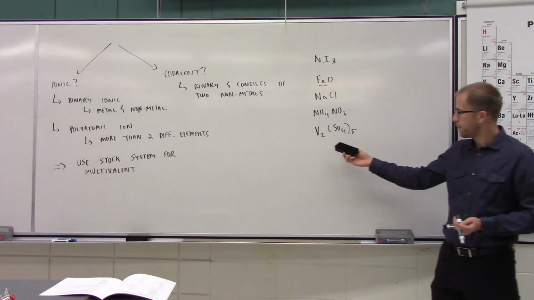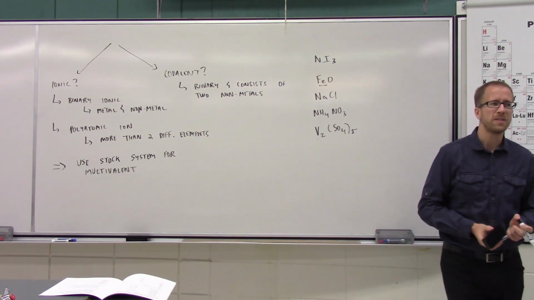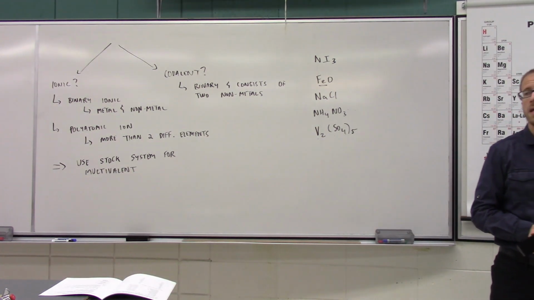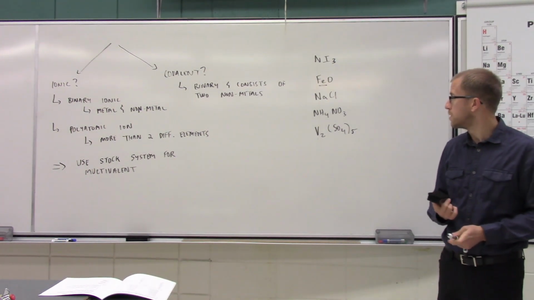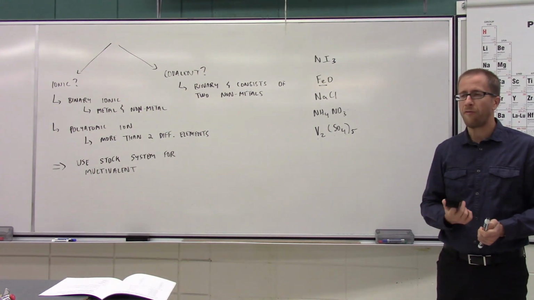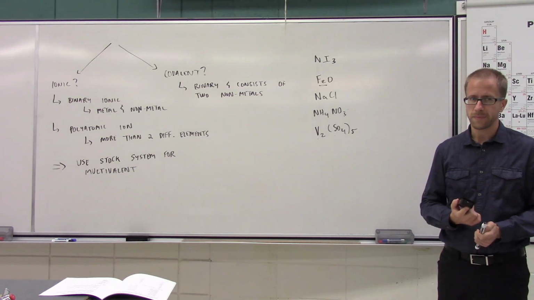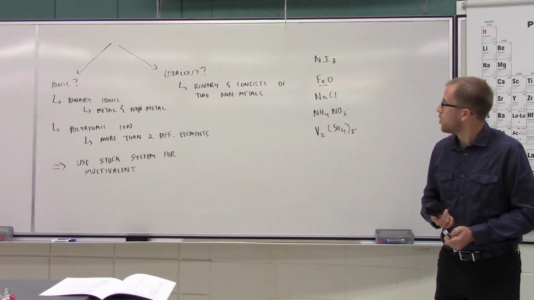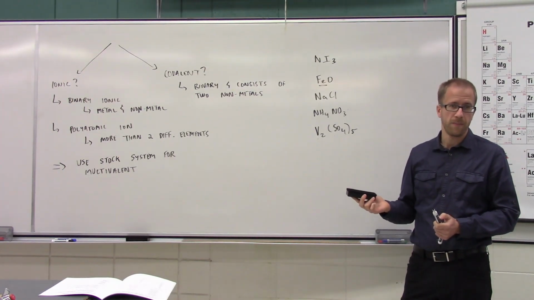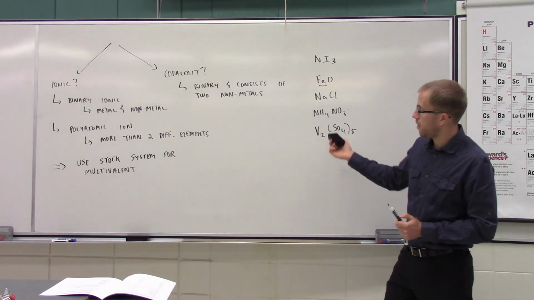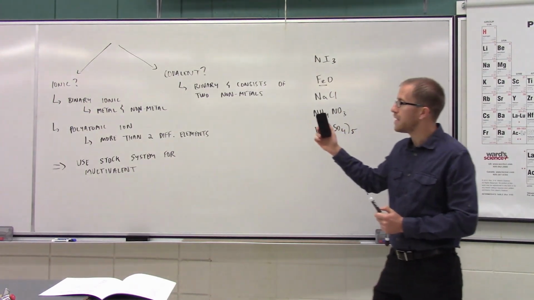And is vanadium, V, one of the multivalent metals? Yes, it is. So you would need to use the stock system. You'd have to use those Roman numerals. That's vanadium 5 sulfate. Okay? So again, you're going to be given mixed problems that look like this. You have to be able to tell what type of compound it is and what you need to do.